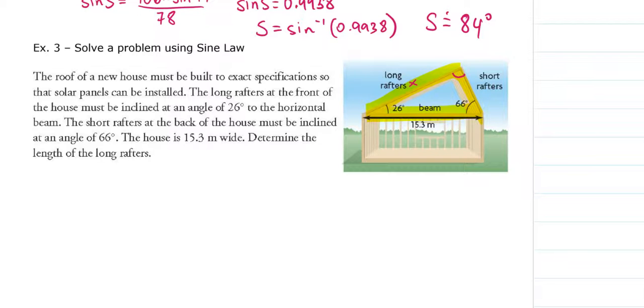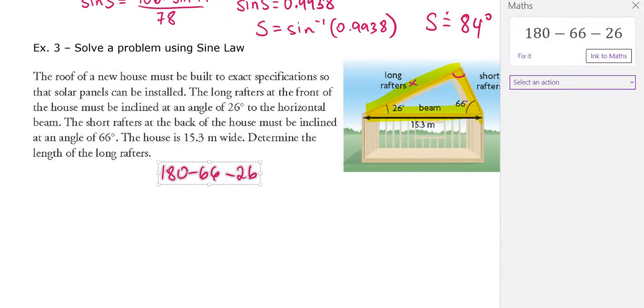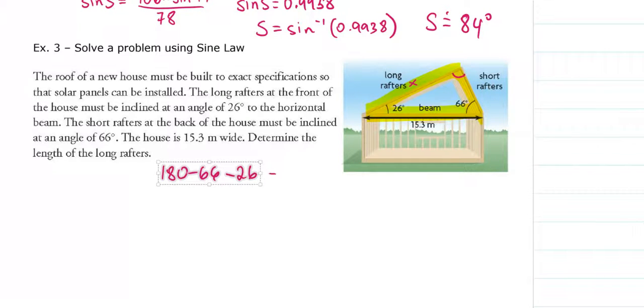The third angle would be 180 minus 66 minus 26. And if I evaluate that, I would get 88 degrees. So 88 goes into my diagram.